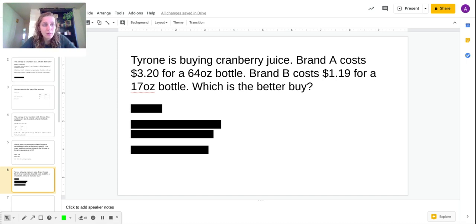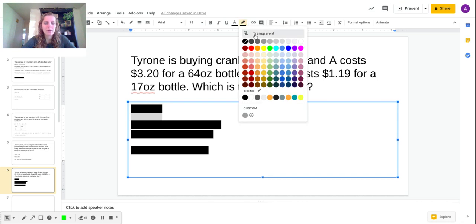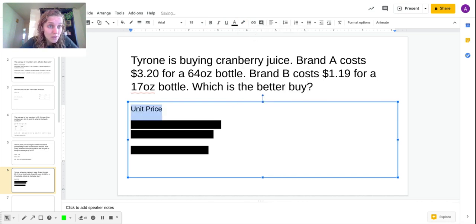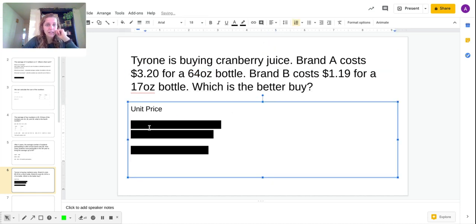So for this problem, we need to figure out the unit rates, or the unit price. How much does it cost per ounce? To do that, you're basically just going to take the price and divide it by the number of ounces, to find how much it costs per thing.